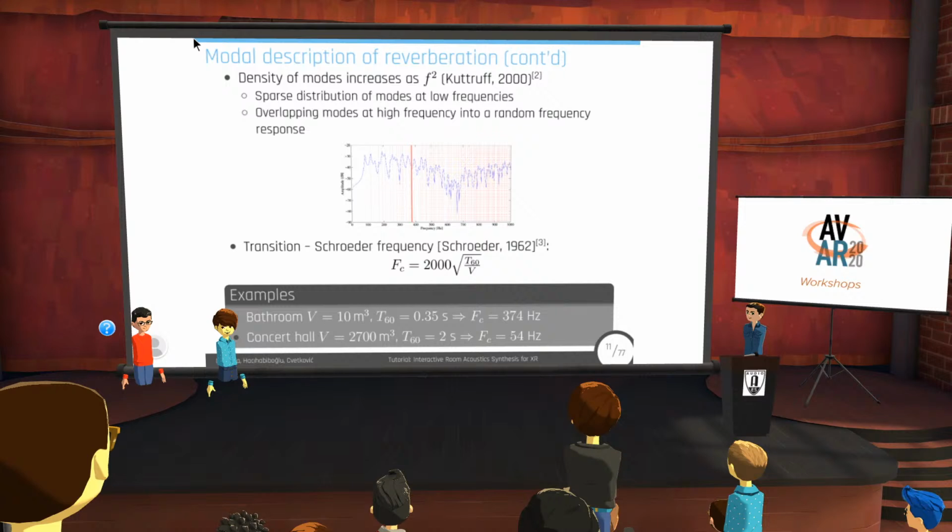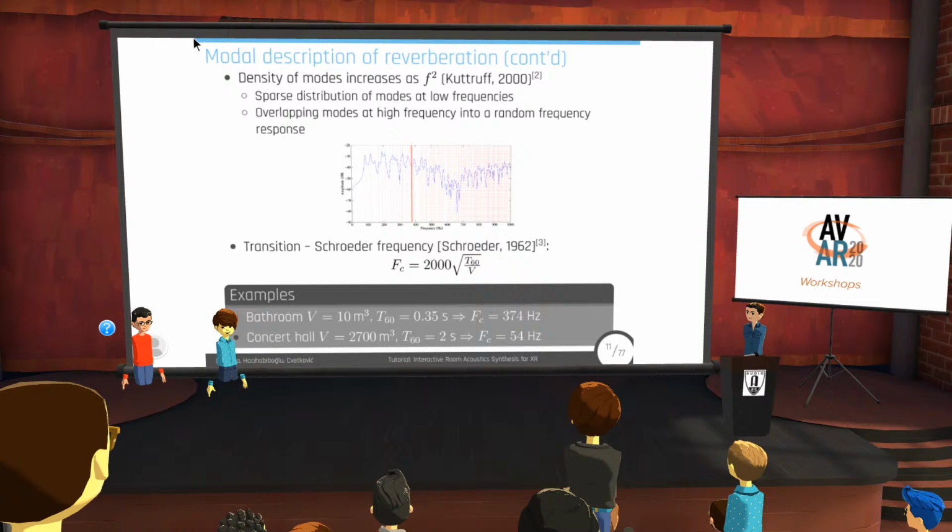Just to give a couple of examples, for a bathroom, which is quite small, the Schroeder frequency is around 400 hertz, whereas for a larger space like a concert hall, it's only 54 hertz. What this tells you is that for larger spaces like a concert hall, the Schroeder frequency is so low that pretty much all you see is a large number of modes overlapping and turning into a more chaotic frequency response.